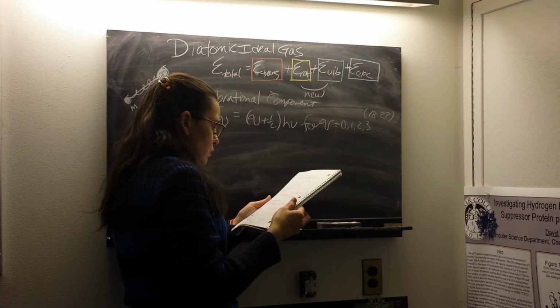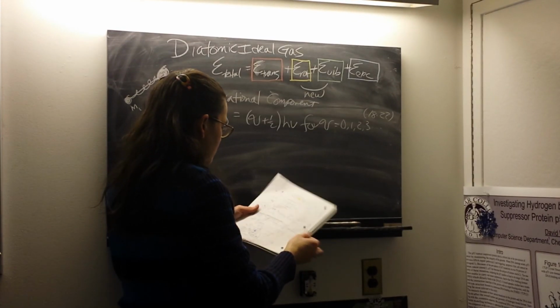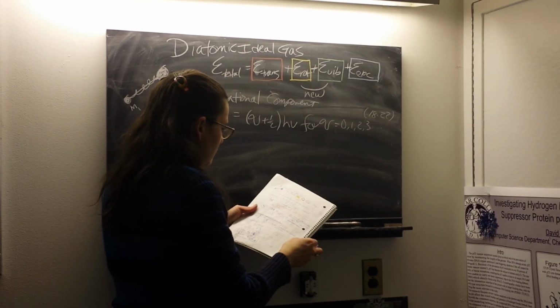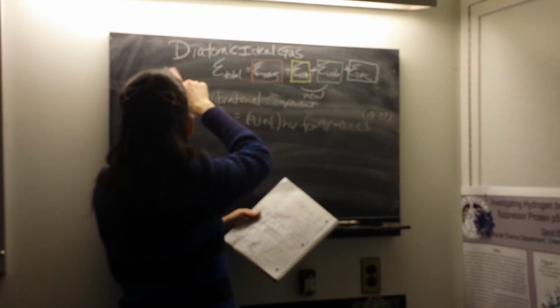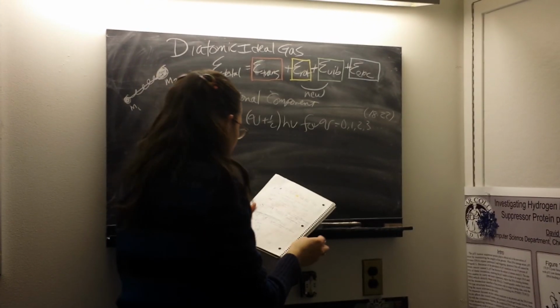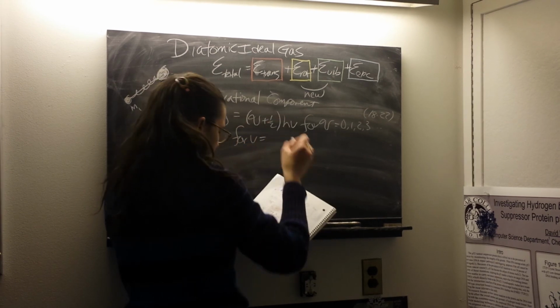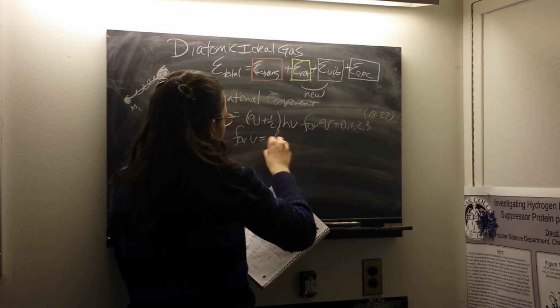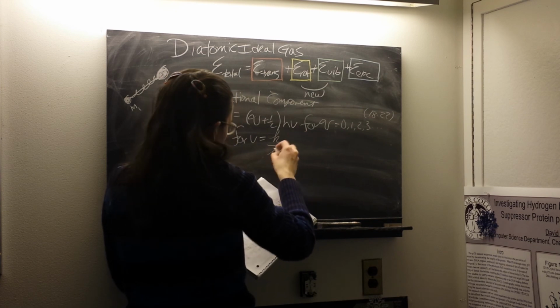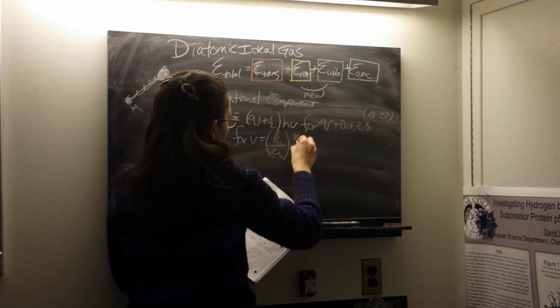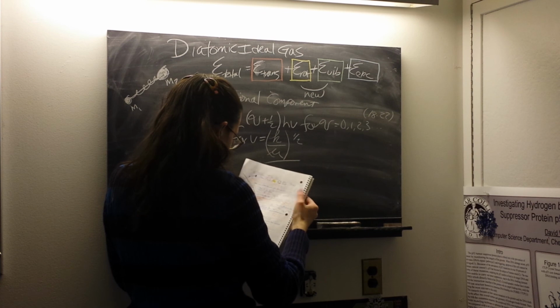Alright, so what is this nu equal to? This nu is actually related to the force constant of the diatomic molecule, so let's write what that is. Nu is equal to k over mu, which is raised to the 1/2 power, over 2 pi.